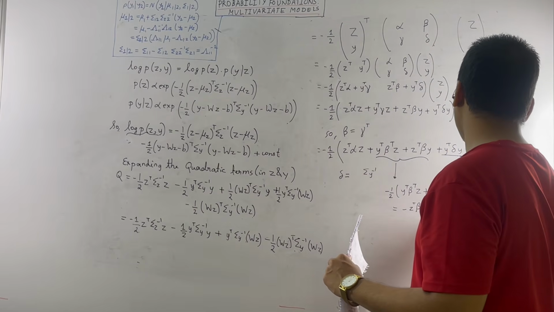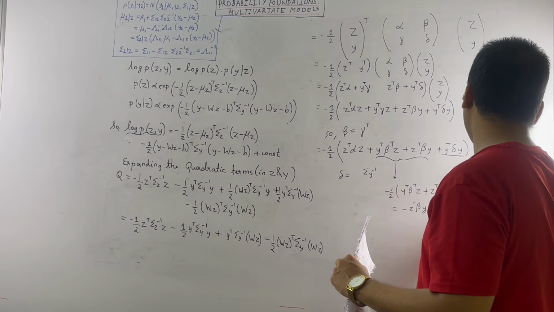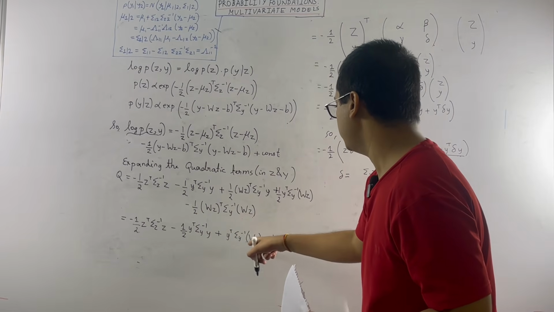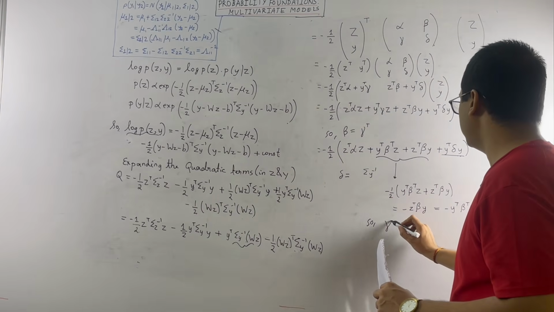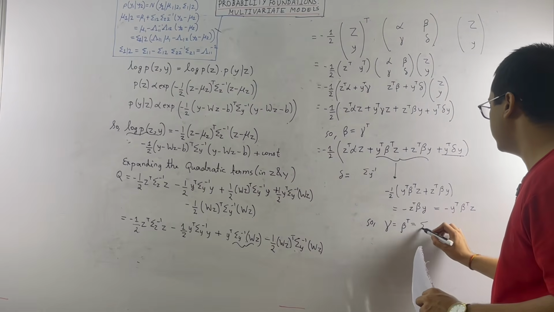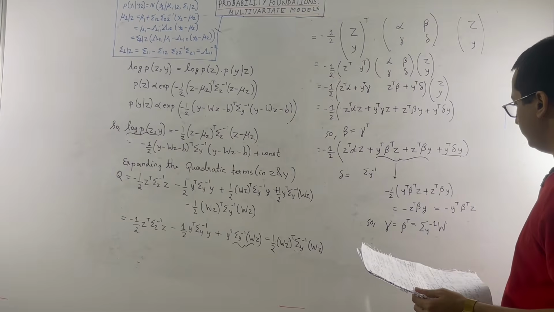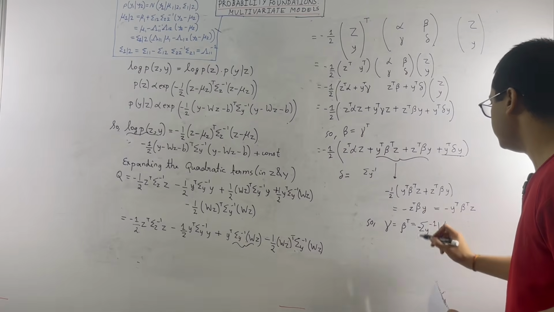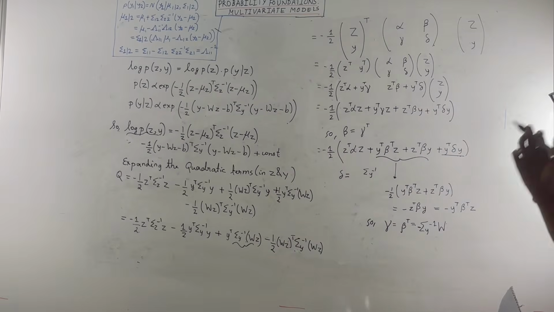So y transpose beta transpose z, this is the y transpose z term, right? So gamma is equal to beta transpose is equal to Sigma_y inverse W. Or you have a minus term because this is plus. So you equate it, this equates with this, and you get minus Sigma_y inverse W.